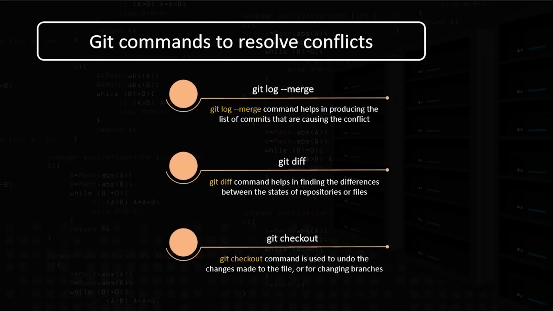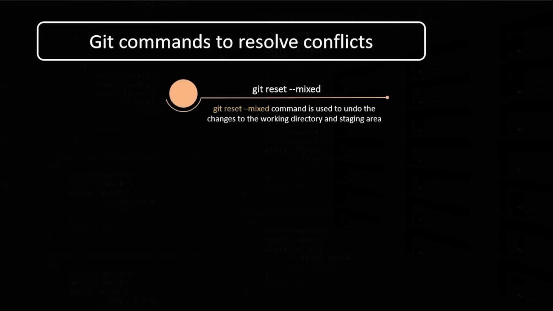So the git checkout command will help you understand how we can check out a particular repository or a particular file. Then we have a command called git reset --mixed. Git reset --mixed is a command to undo the changes to the working directory, and it will undo changes to the working area and the staging area.